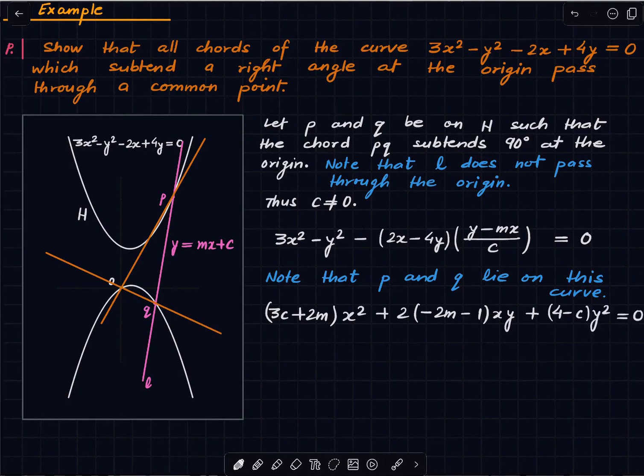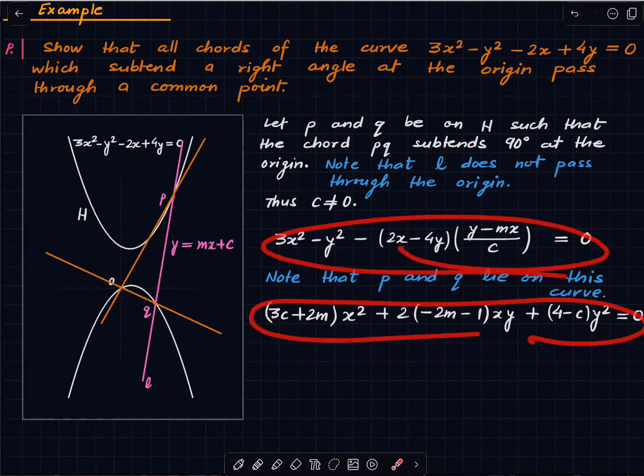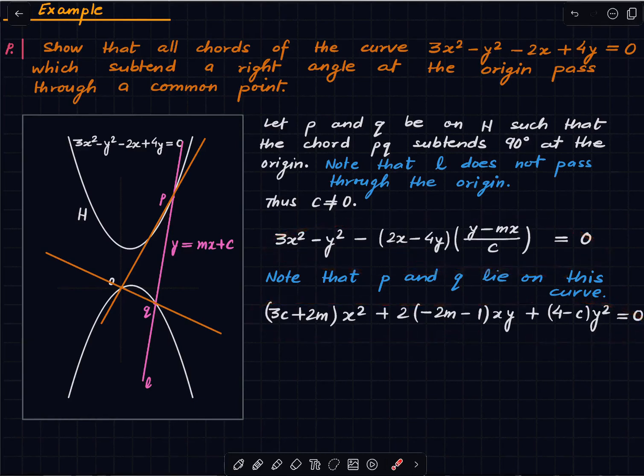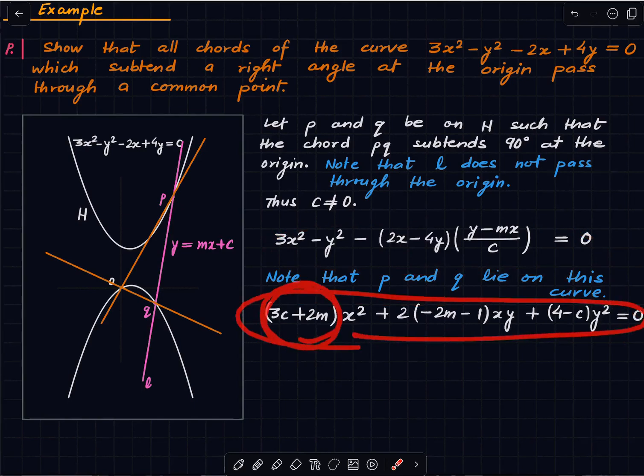That is that curve, because all we have done is just to rearrange things and cross multiply and whatnot. But what did we see? This kind of curve is of this form, ax square plus 2hxy plus by square.